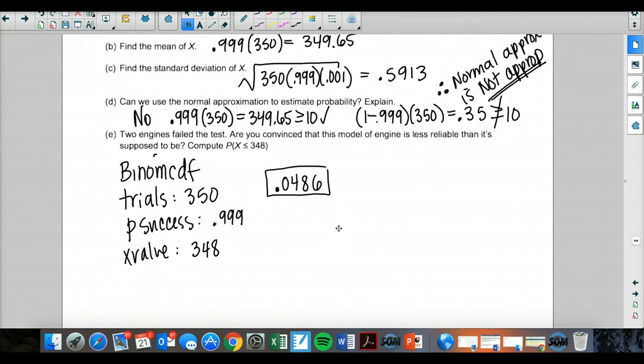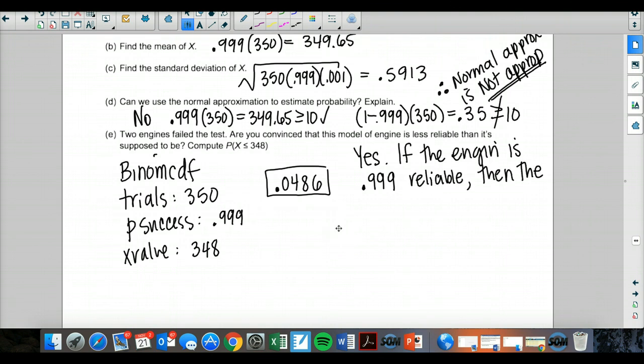So I would say, are you convinced that this model of engine is less reliable than it's supposed to be? I will say yes. If the engine is 0.999 reliable, then the probability of 2 failures is 0.0486.